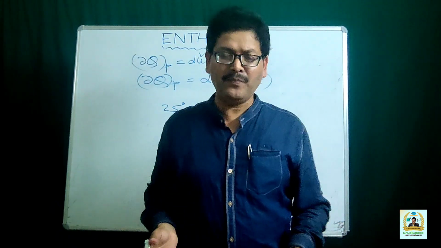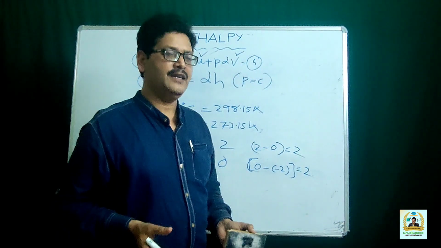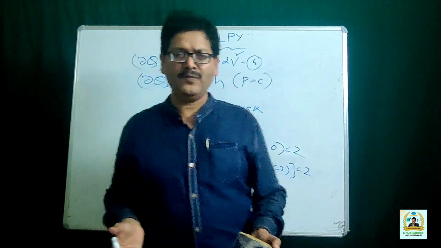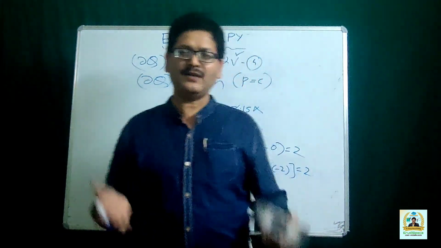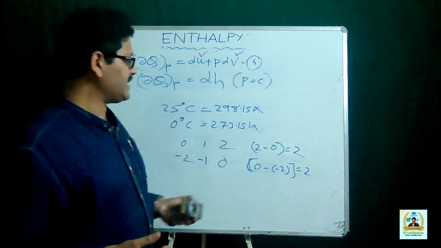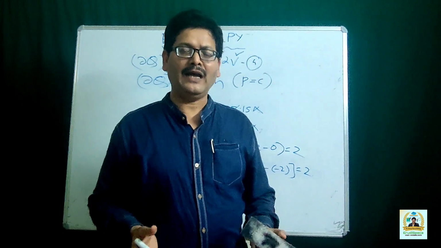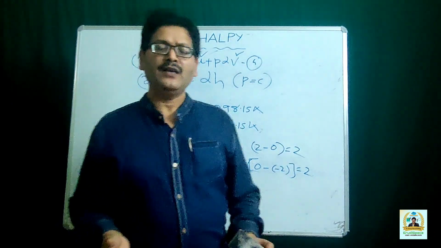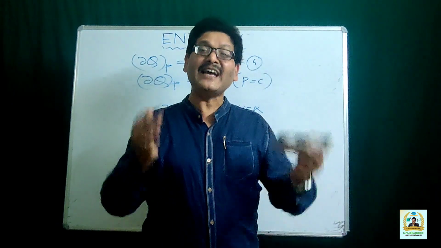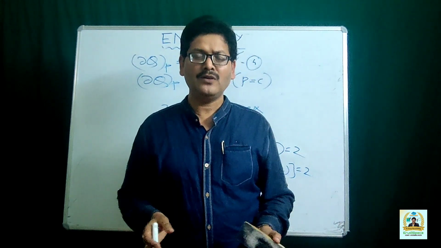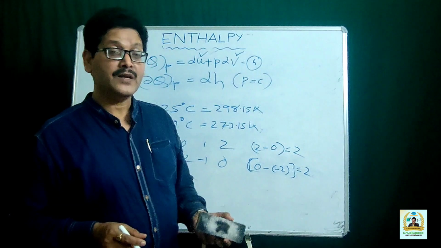So there is no problem. So you should understand that when the values of enthalpies are given, whether it is a refrigeration table or a steam table, in all the cases a reference point is chosen, and at that reference point the enthalpy is assumed to be 0, but nobody can find out the absolute enthalpy.